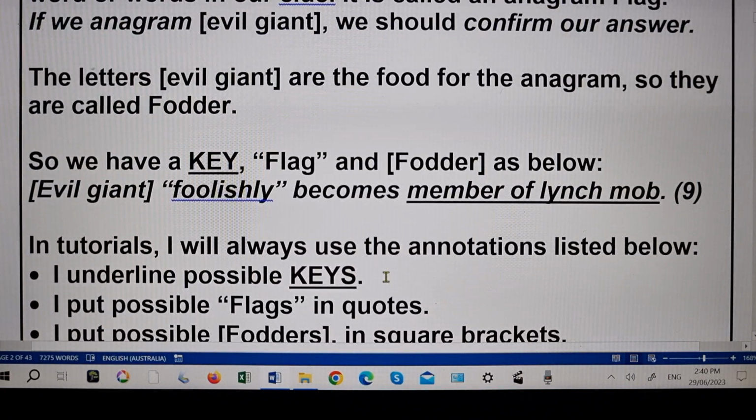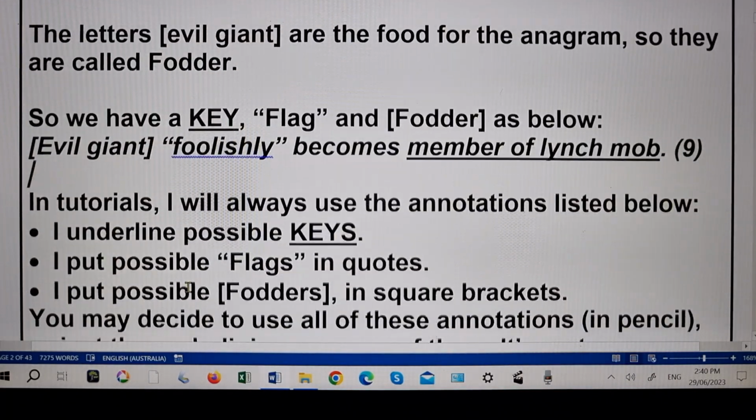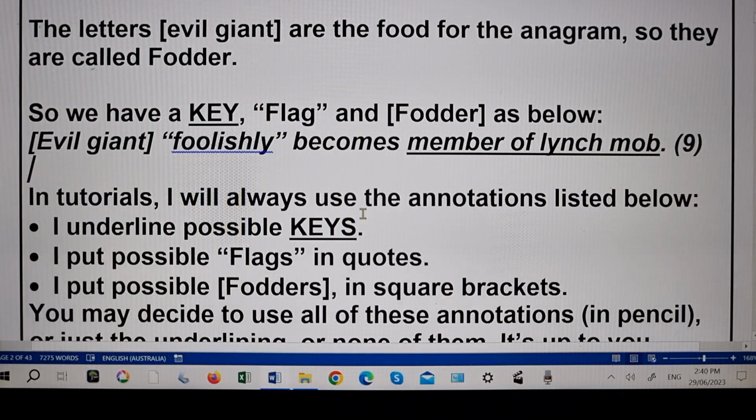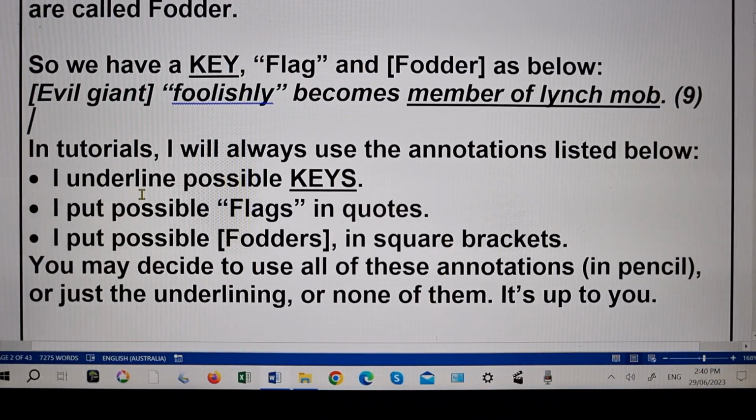Now, as you see what that's all about, in tutorials I will always use the annotations listed below. I underline the possible keys, I put the possible flags in quotes, I put possible fodders in square brackets. You might say, why do you keep saying possible? Aren't you sure of what you're talking about?